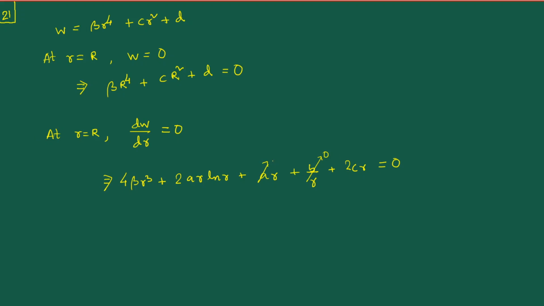You also note that this a is 0, and this small r can of course be replaced by this capital R. So what we have for C is that C is equal to minus twice beta r square, and the moment we have the C, we can go back to this equation and write it.